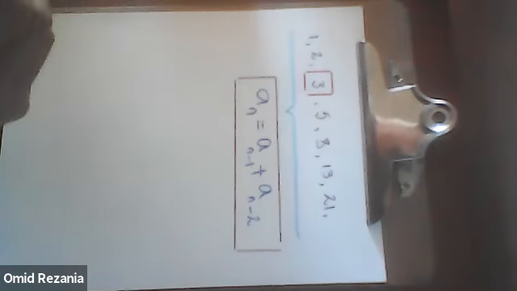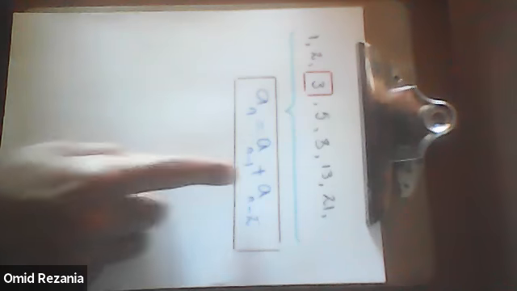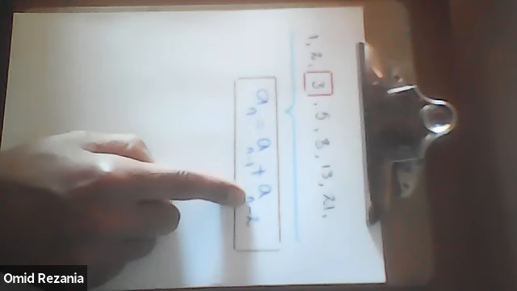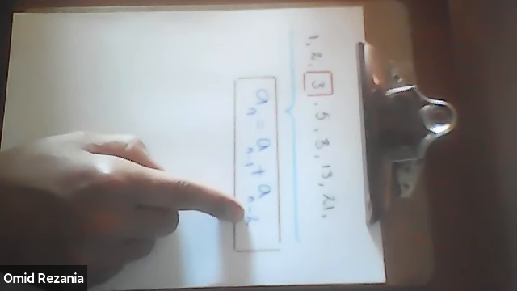It's very easy to catch up with it, because we always call AN the general element of our finite sequence. As we said verbally, you have to add the two last elements: the element before AN is AN minus 1, and the one before that is AN minus 2.